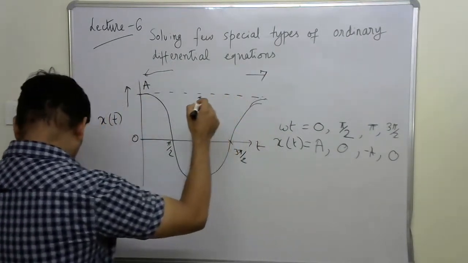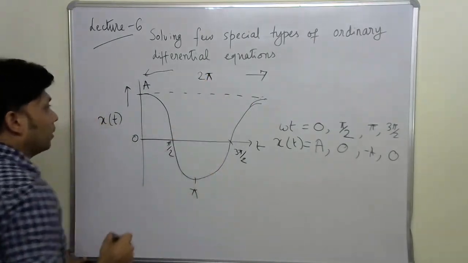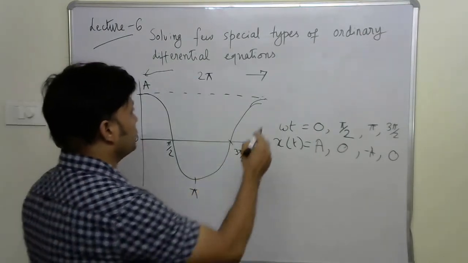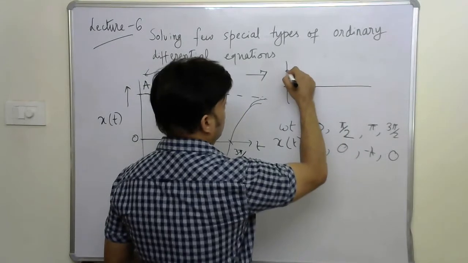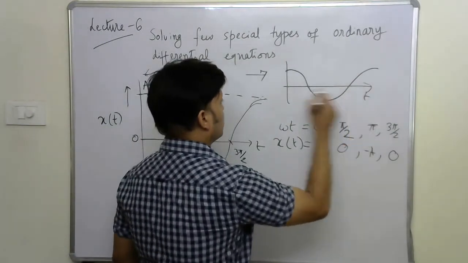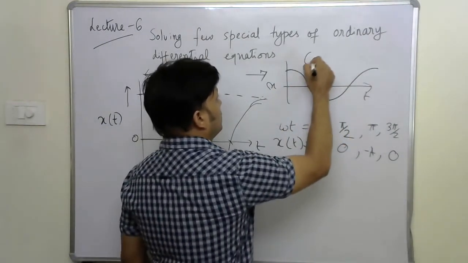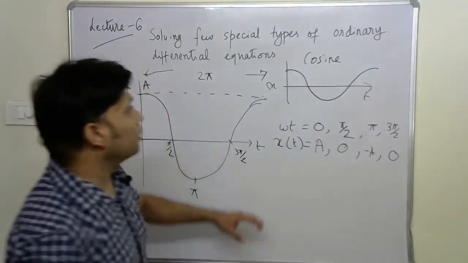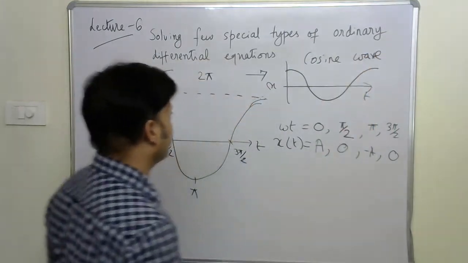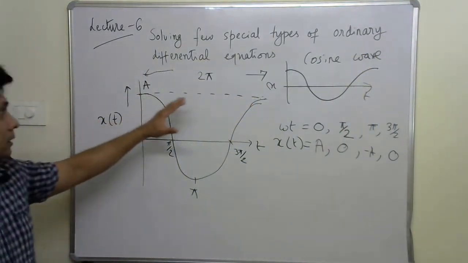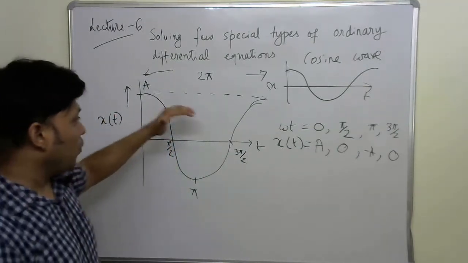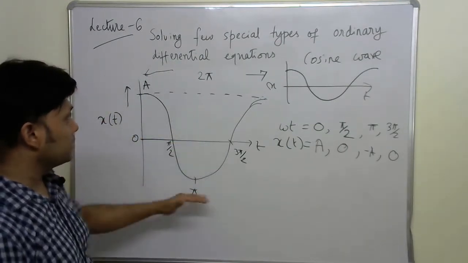So this distance is actually 2 pi. Alright, so this is the graphical representation. It should actually look like this, t versus x. So this is a cosine wave, or in other words, a cosinusoidal wave. All right.